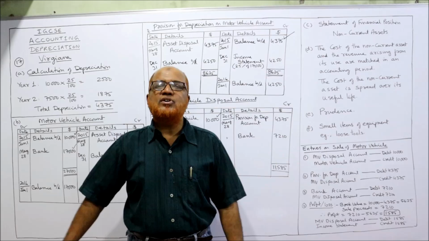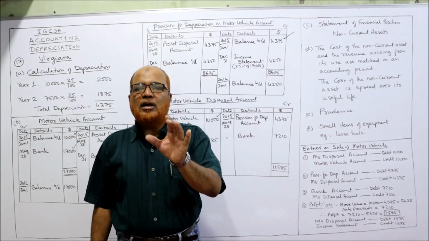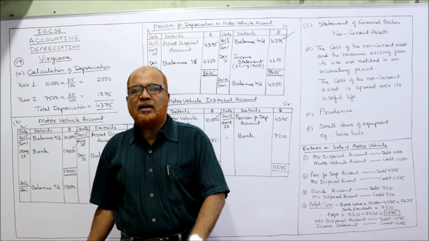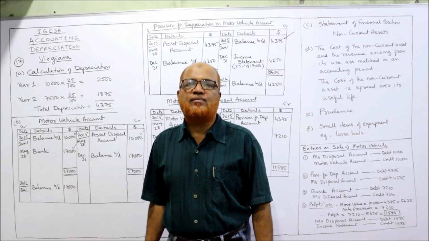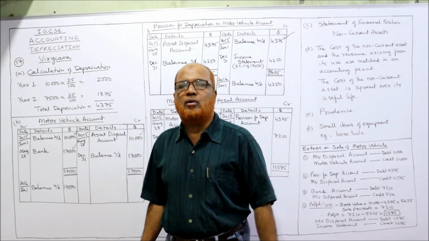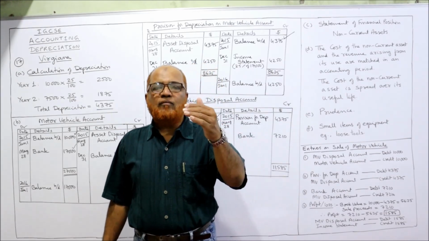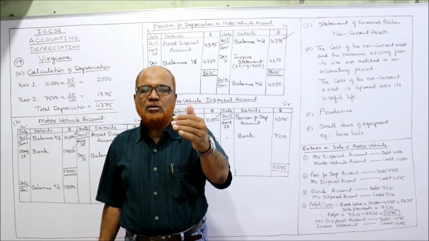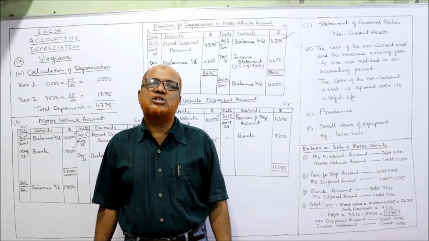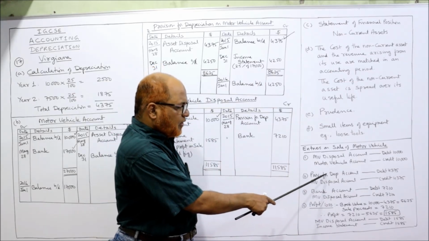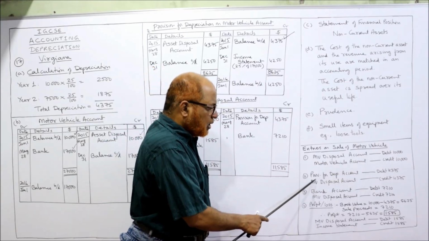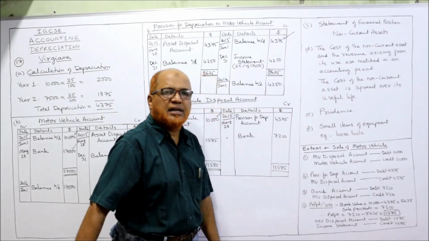Second entry, provision for depreciation. The total depreciation provided on that motor vehicle should be transferred to the asset disposal account or motor vehicle disposal account. The entry will be provision for depreciation account debit, motor vehicle disposal account credit.